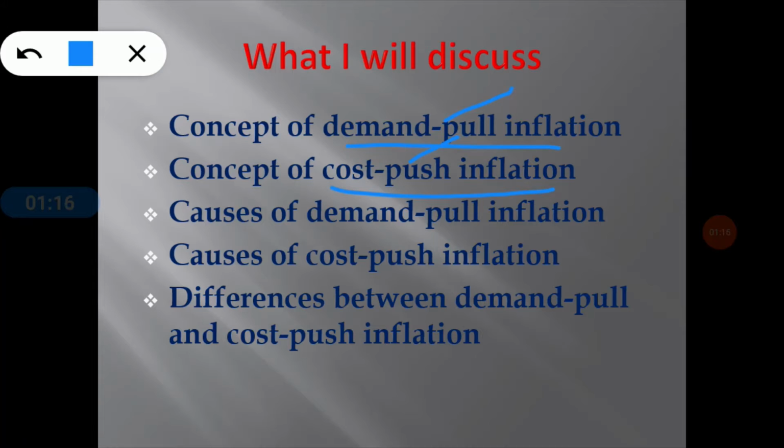The second main concept is the causes of demand pull inflation and their advantages and disadvantages. Next is cost push inflation's causes. And now going to the last point, that is differences between demand pull and cost push inflation. I hope it will be another important session for all. So let's begin the session and move on to the next slide.